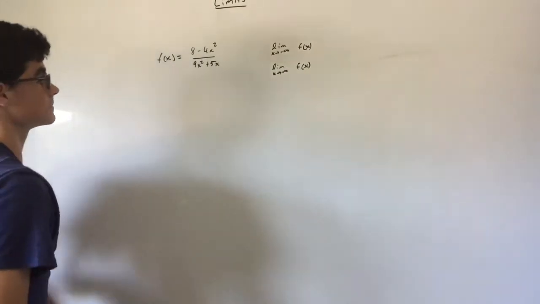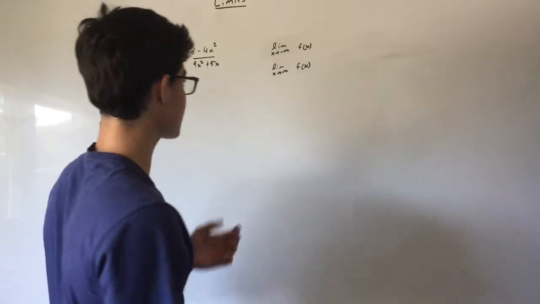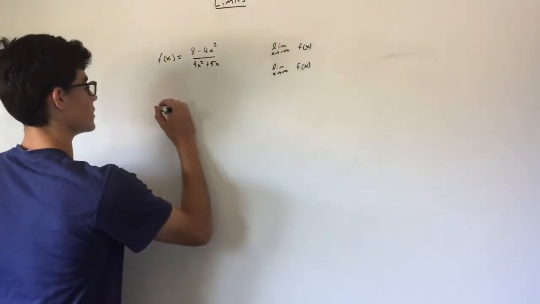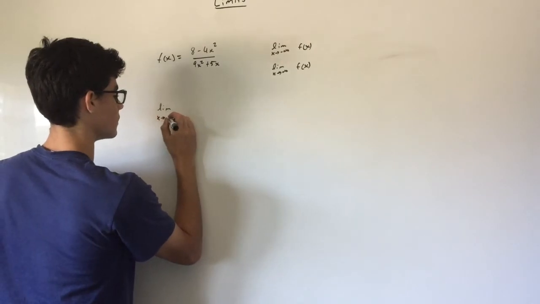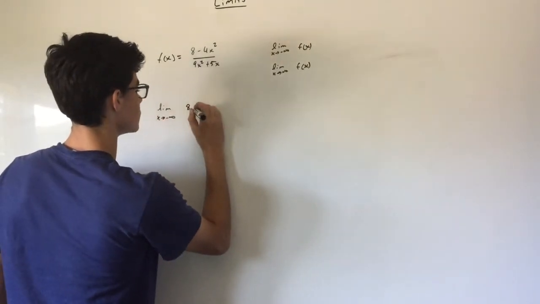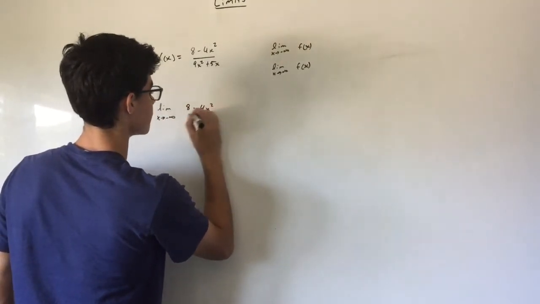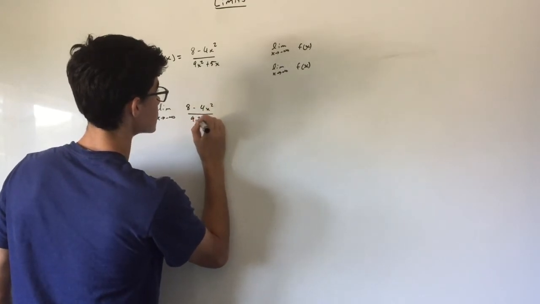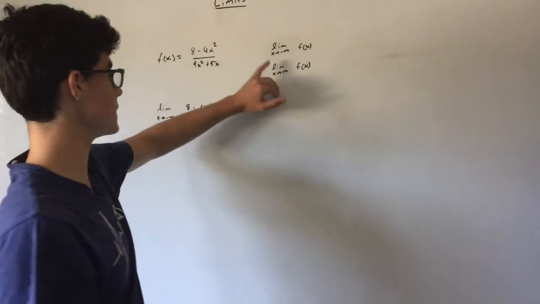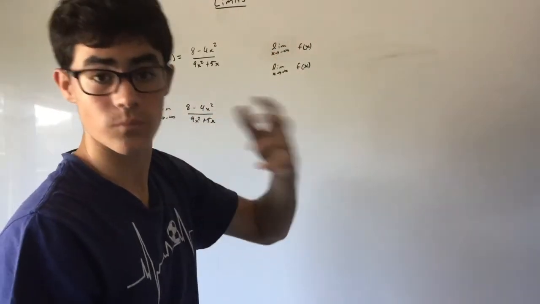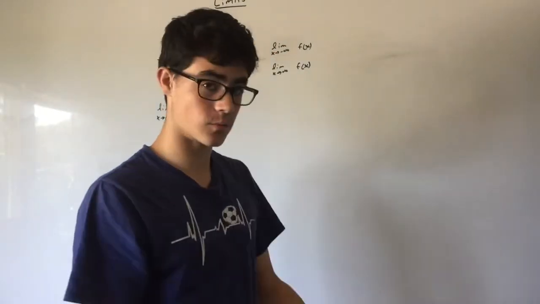Okay. So how are we going to do this? First, we'll start off with negative infinity. Now it's important to note that sometimes, not always, negative infinity and infinity will both come out to the same, but not always.